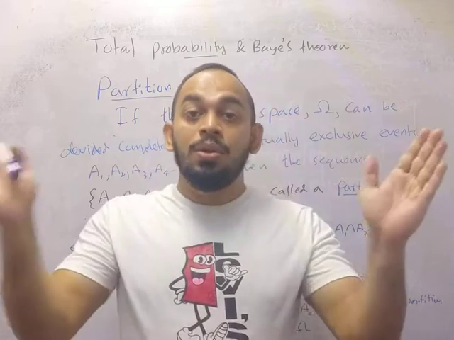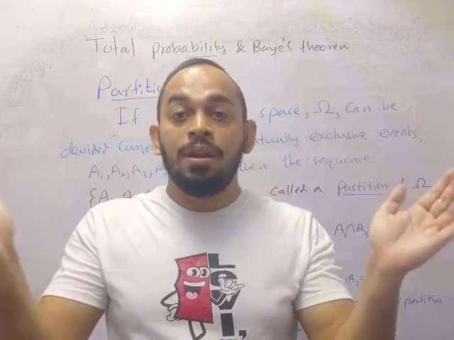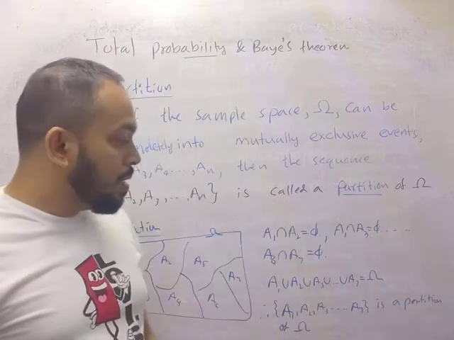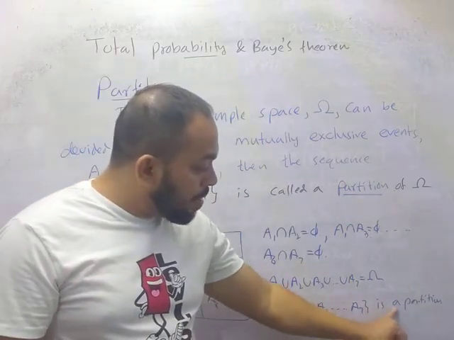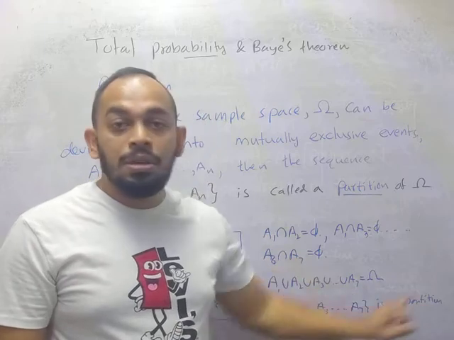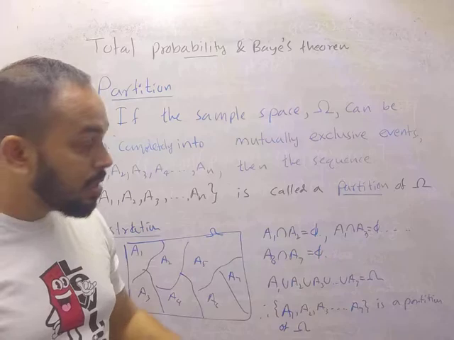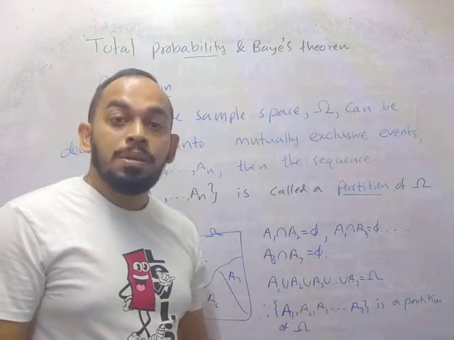In that case, the sequence of infinite parts would be the partition of the sample space. That's why I said it is a partition of the sample space, not the partition. It's just a partition of the sample space.